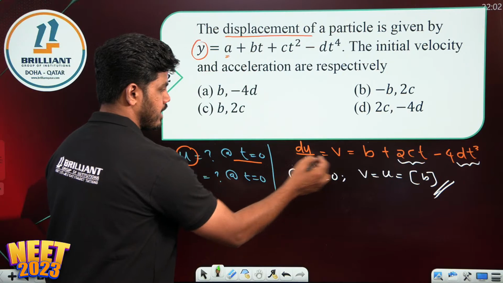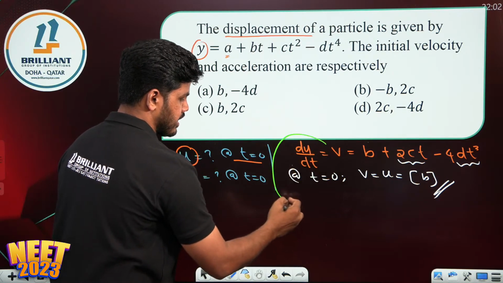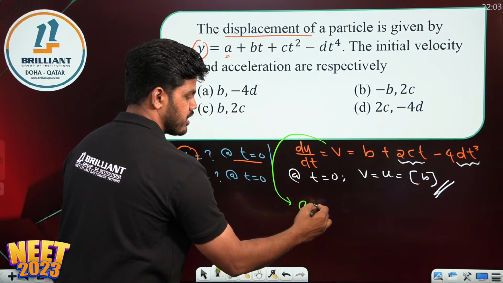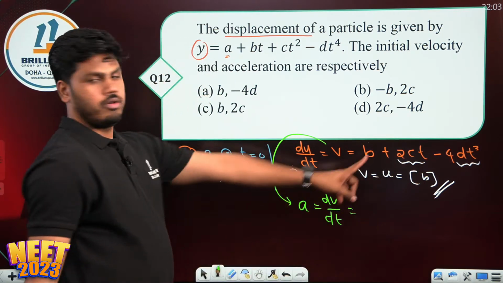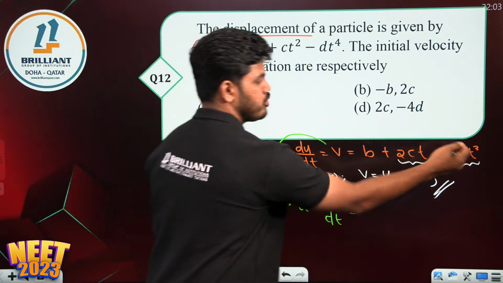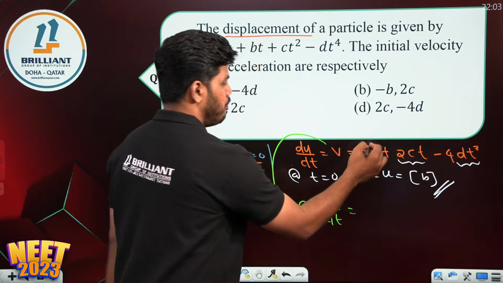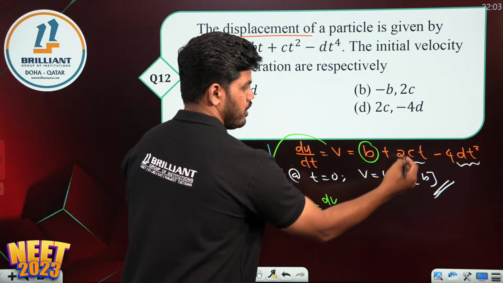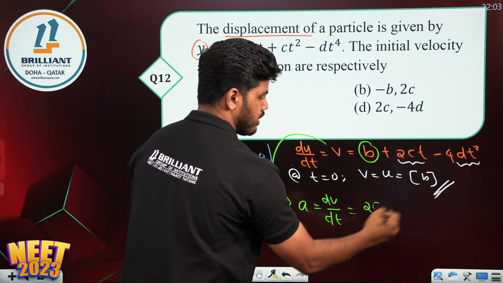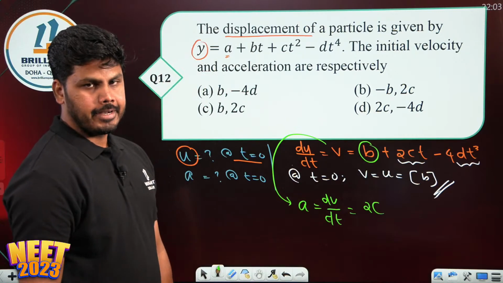How will you find the acceleration? The velocity expression can be differentiated once again. a = dv/dt. What was the velocity expression? b + 2ct - 4dt^3. b has no t, it is a constant. The differential of a constant is 0. The differential of 2ct will be just 2c, correct?